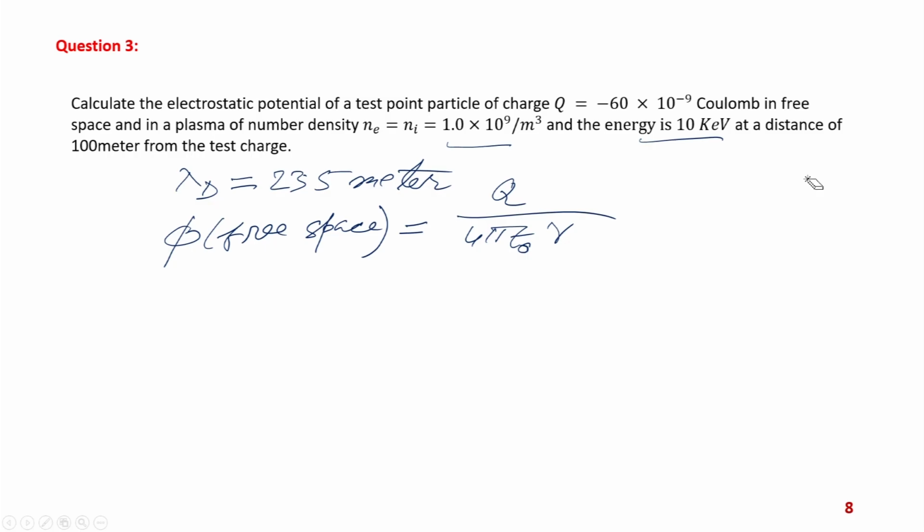If you put here r equal to 100 meter, then you will be able to calculate this figure as minus 540. This will come actually 0.54 volt.